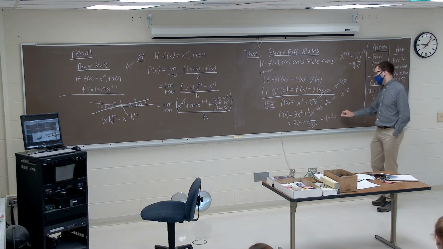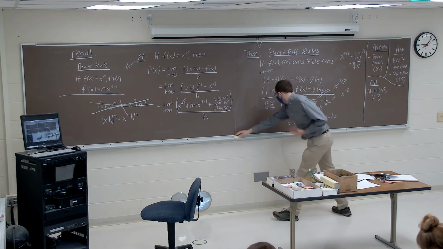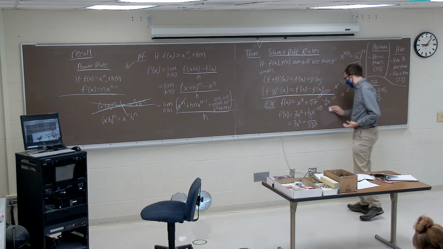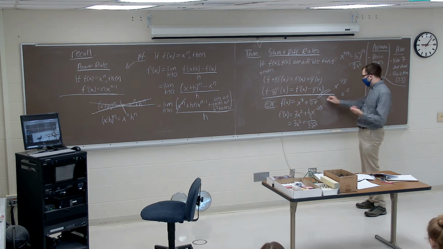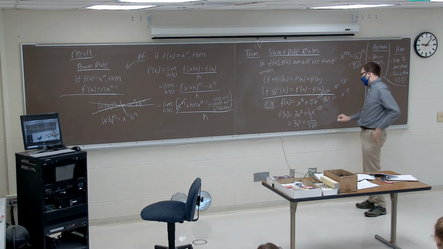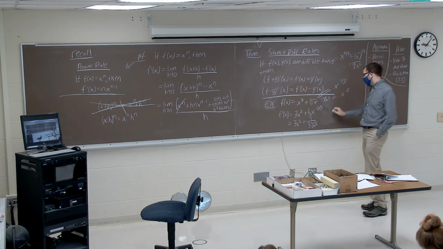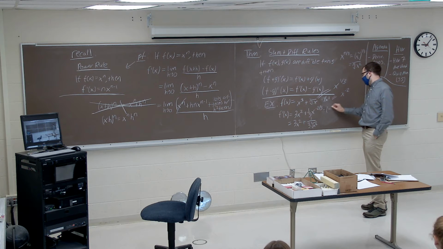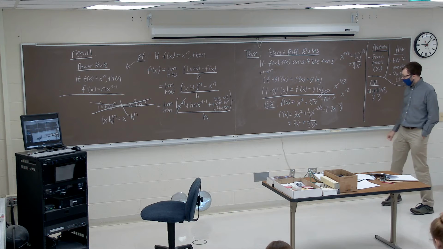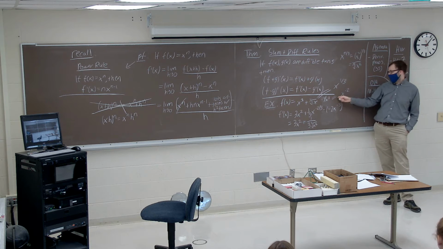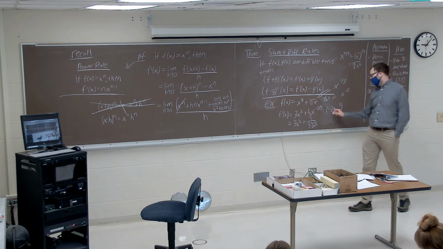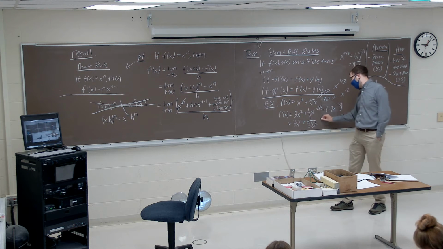Yeah, it's going to come out to, oops, wrong line. Didn't give myself enough room here. Yeah, the x to the -2 term is going to become a minus 2x to the -3. We pull down our exponent and then subtract 1 from it, which the minuses are going to become a positive.